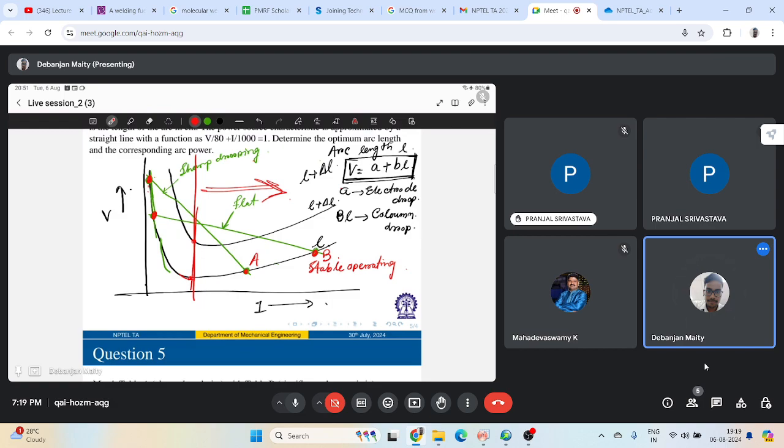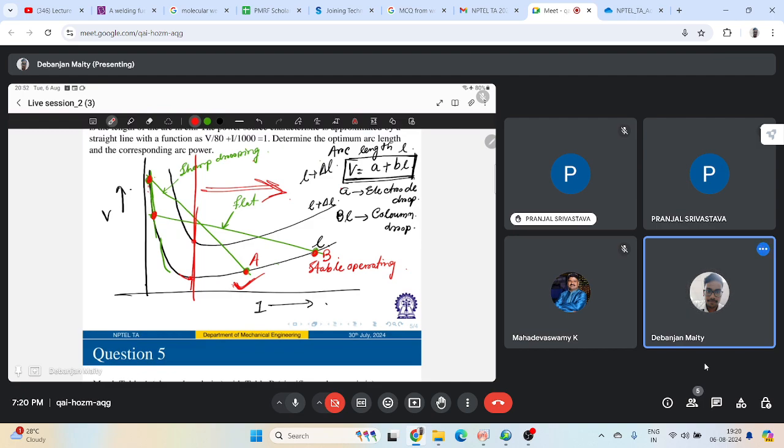Basically, this can be verified by considering a change, say, you are increasing your arc current. Over this region, if you are increasing your arc current, the points shown by this A and B, there will be an increase in your voltage.